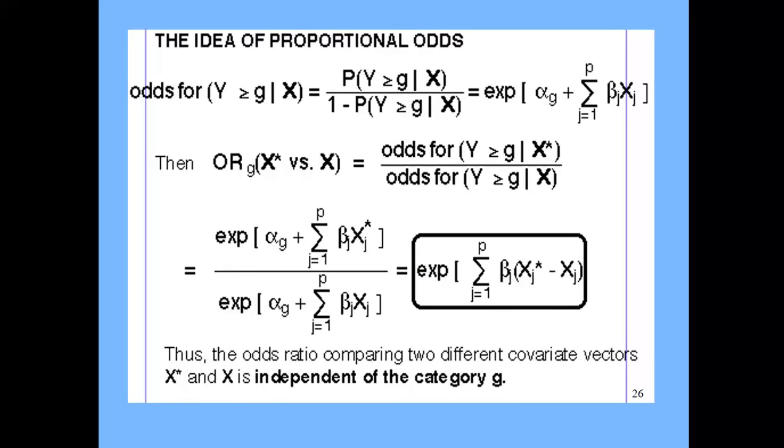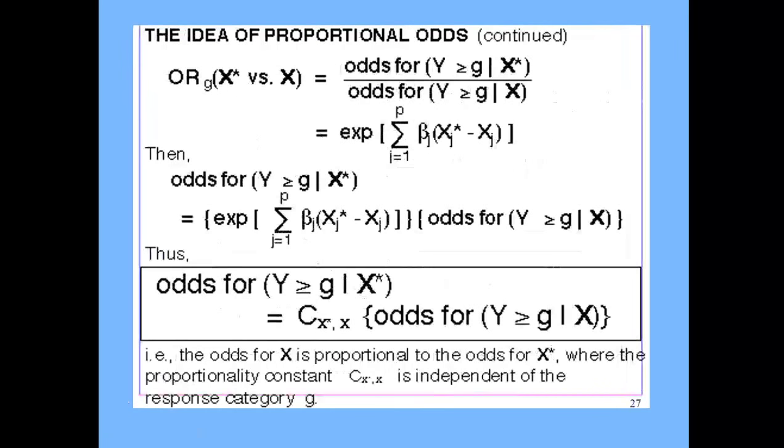This is the odds ratio for category G or ordinal G, comparing two different people, but it doesn't have G in it. So that's saying the odds ratio doesn't depend upon the category, the ordinal category. You're only getting a single odds ratio. That's why you're getting a single odds ratio.